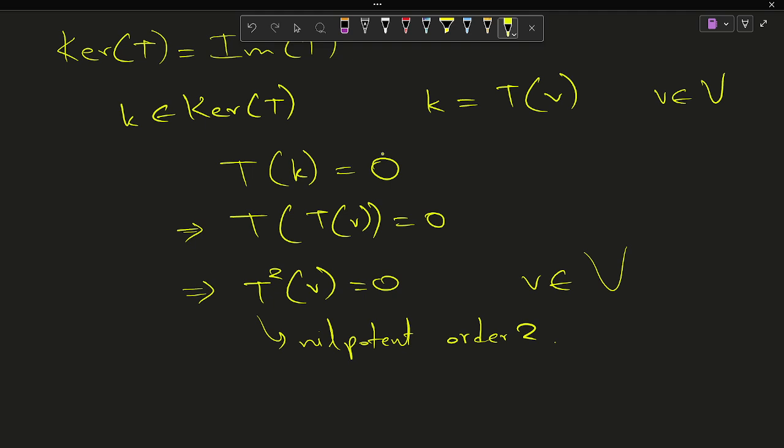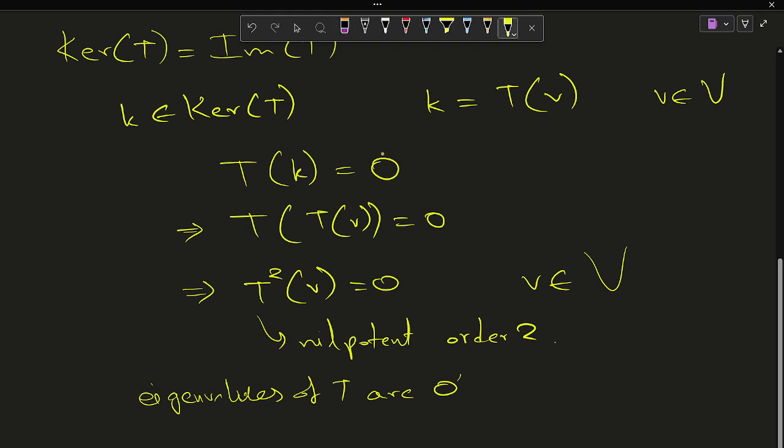As we know, all the eigenvalues of a nilpotent matrix are 0, so the eigenvalues of T are zeros. So let me look at the options.